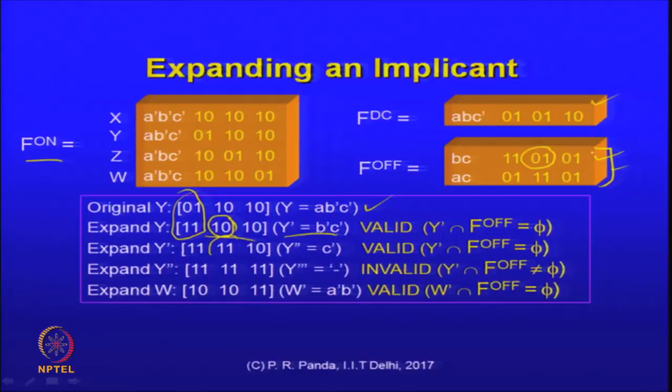So, we are okay. Intersection with the second cube would lead to null in the third place, because there is a C here and there is a C prime here. So, I have here a cube B prime C prime that has a null intersection with everything in the offset. So, the conclusion is it is safe to do that expansion. So, y prime is okay.